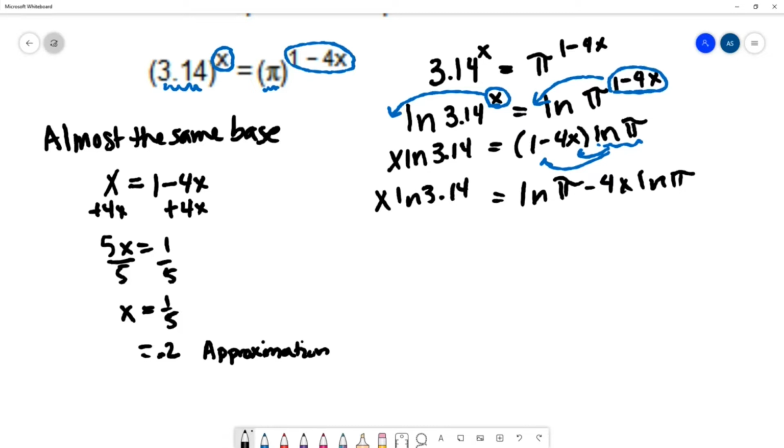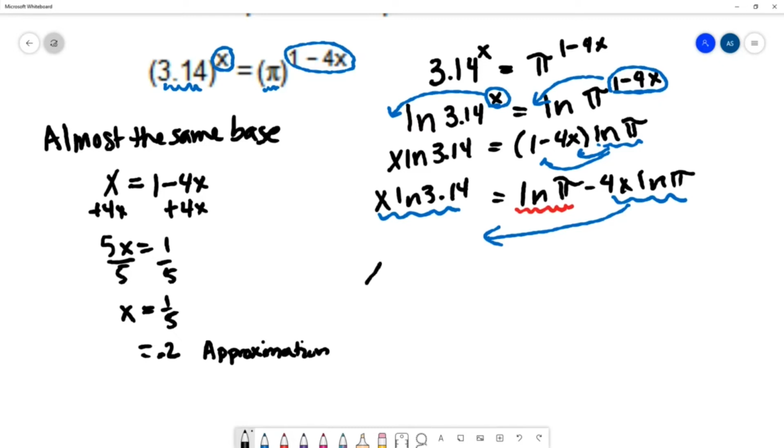I carry down the left-hand side, and now I want to start collecting the x's. I have an x here and an x here. When you collect the x's, you want them on the same side, so I'm going to move this x term to the left-hand side. You want to collect the x's on one side and everything else on the other side. So this term does not have x. I'm going to leave it on the right-hand side of the equation.